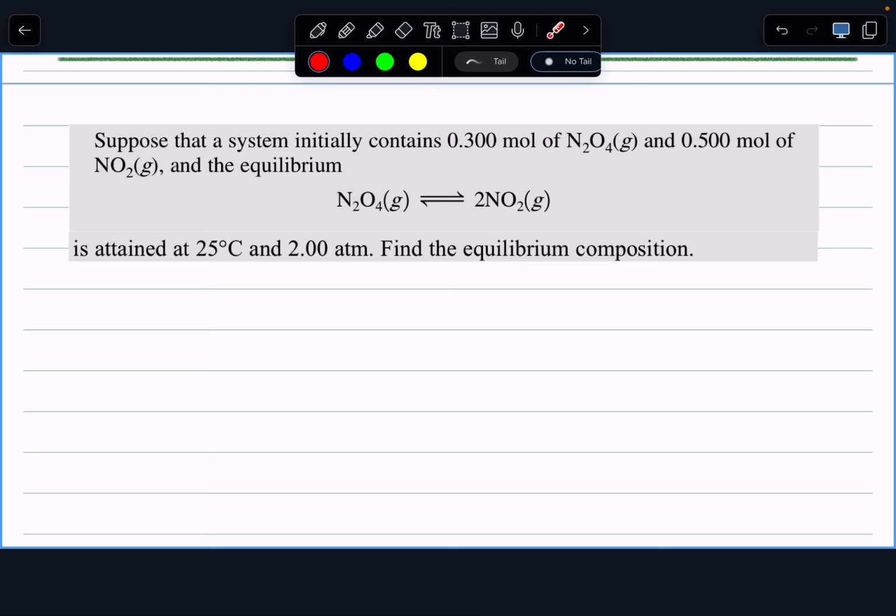The same applies for the product. So NO2 at equilibrium equals to the initial number of moles of NO2 plus the stoichiometric coefficient of NO2 times extent of reaction. So the initial number of moles is 0.5 mole plus 2 ξ.